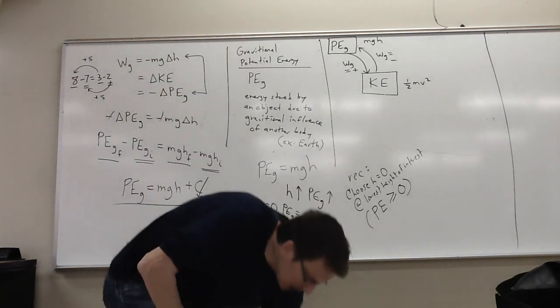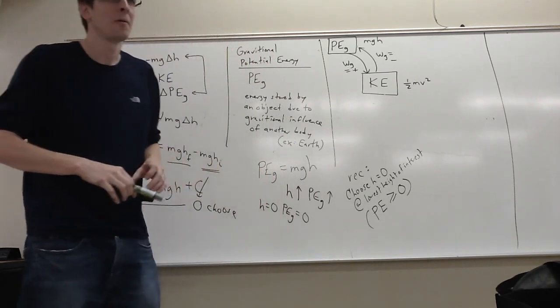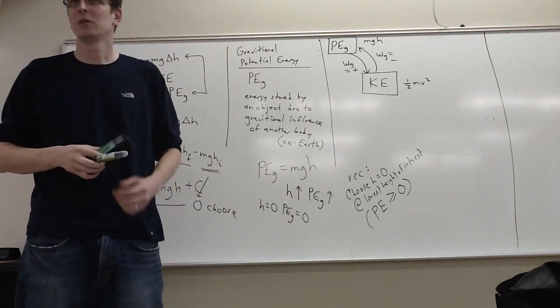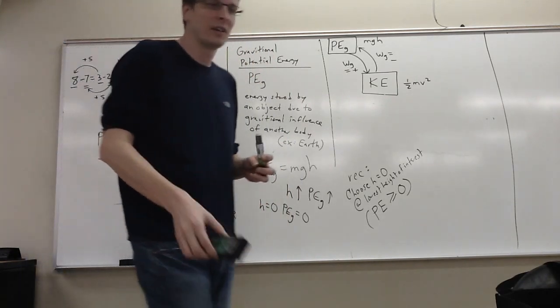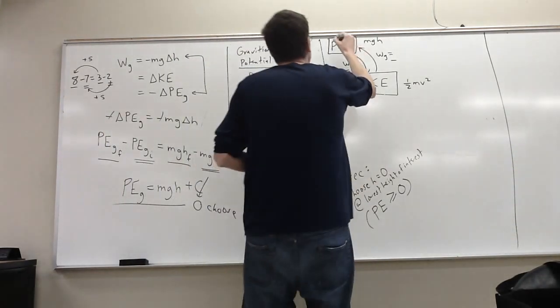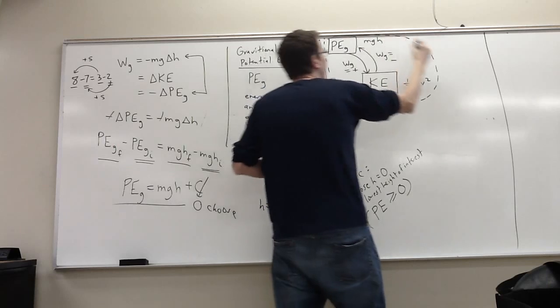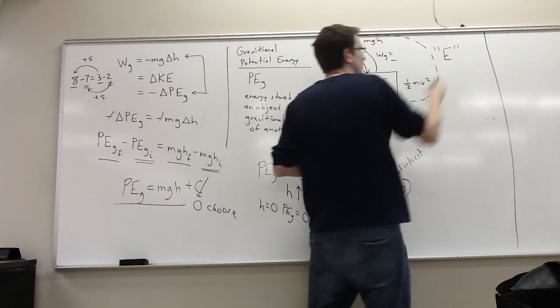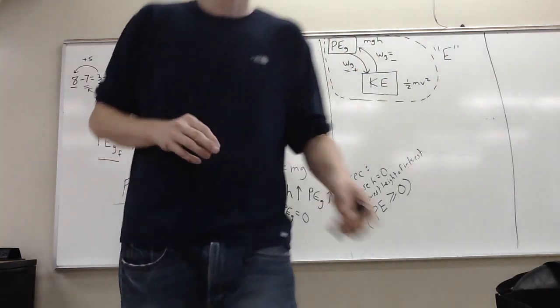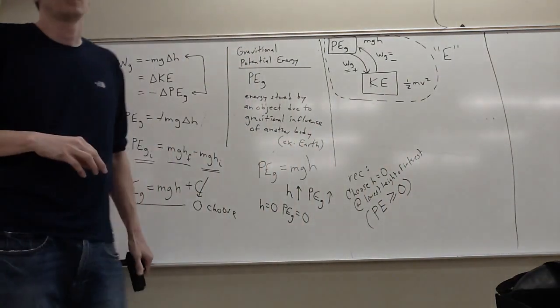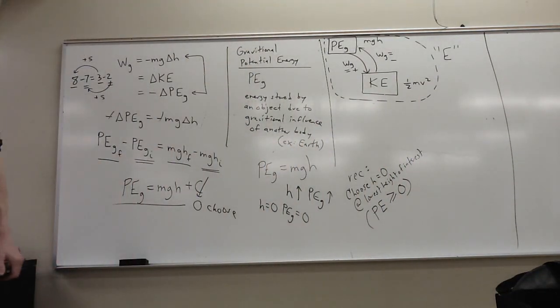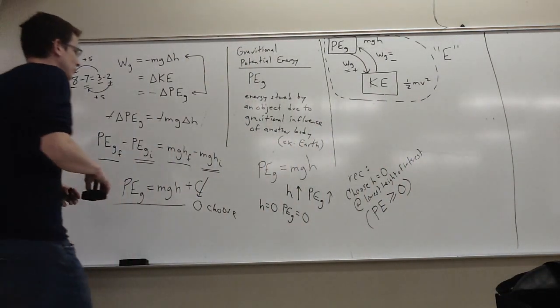So let's go ahead and retool our method, thinking of these two boxes together. I'm going to call this box E, Energy, because of course it accounts for the two forms of energy that I know so far.